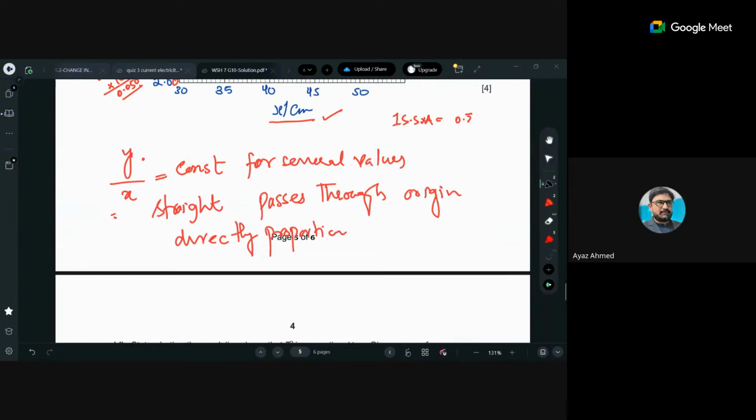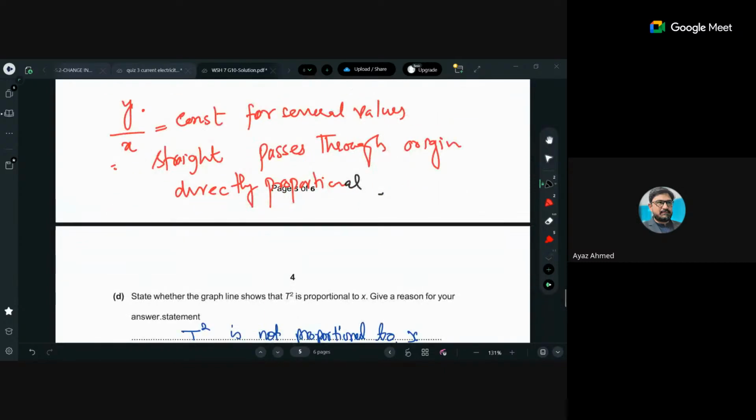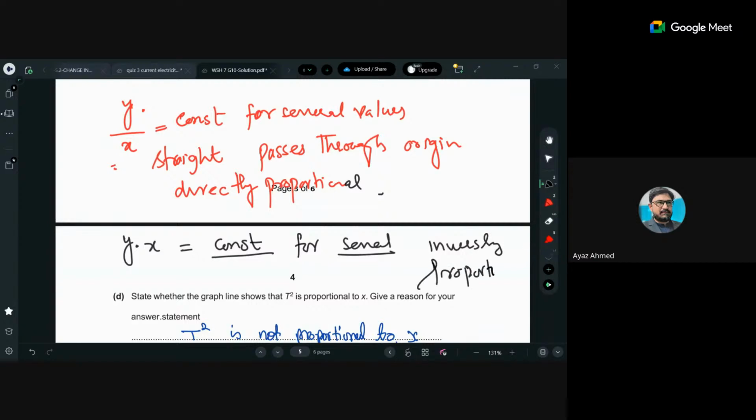And if your y multiplied by x gives you a constant number for almost all the values, then you can say that it is inversely proportional. Is this clear to all?